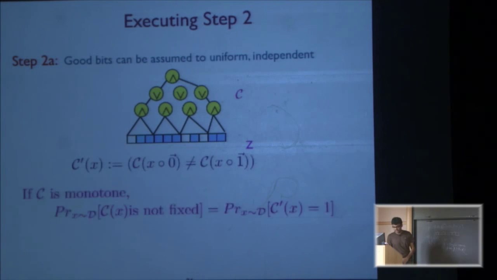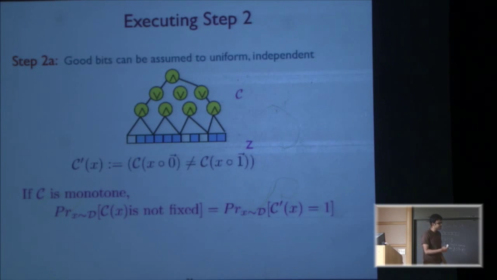So here, the crucial idea is that if the extractor C is a monotone function, then it's easy to check if the bad guys are actually able to change the function C for some fixing of the good bits to x. So you are explaining now why you can assume they are all uniform? Yeah, exactly. So one property that we need is that C is monotone.